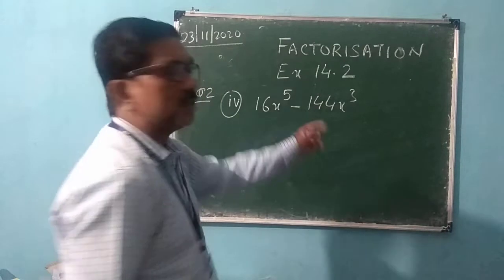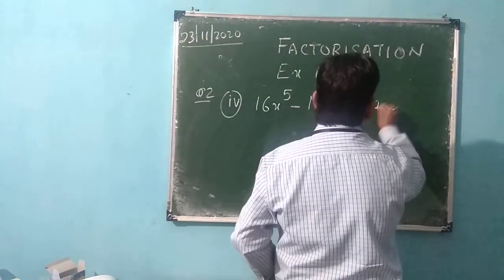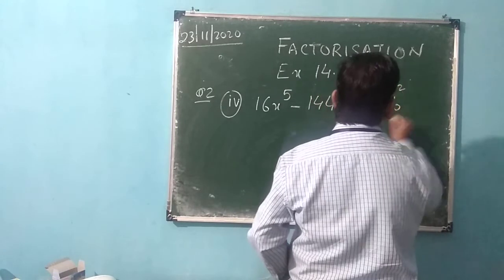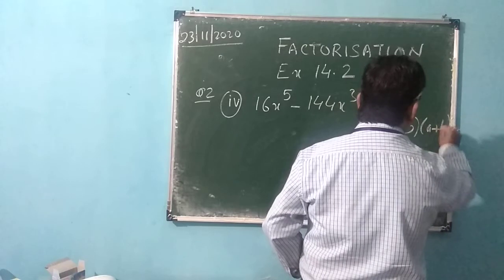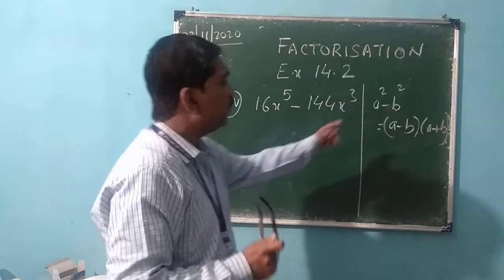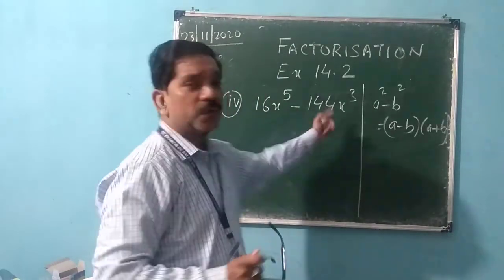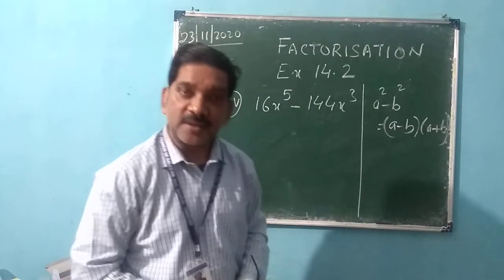Now see, there are two terms. For two terms we have a minus b in one bracket, a plus b in the other. But if you look at this, you will not find any squares here. But we can find some common factor. Let us take out the common factor first.